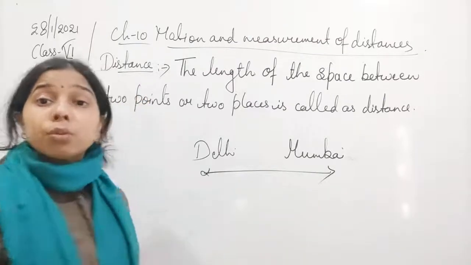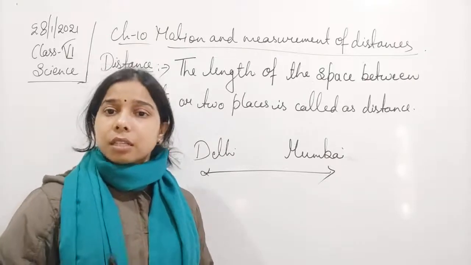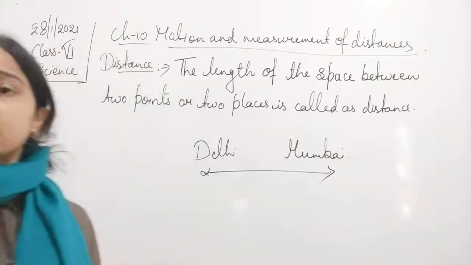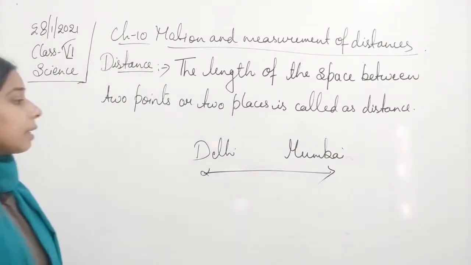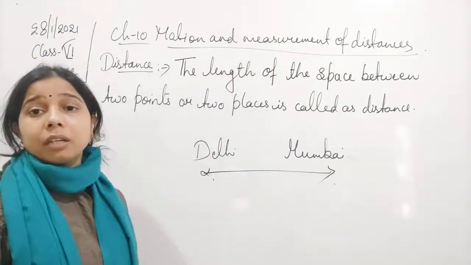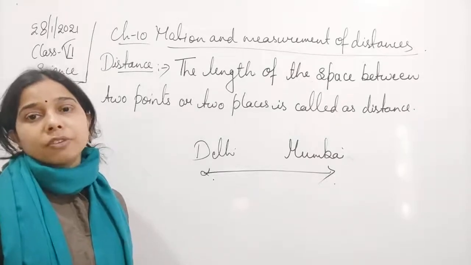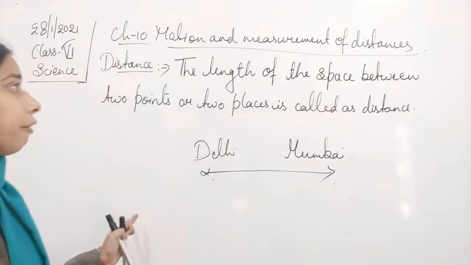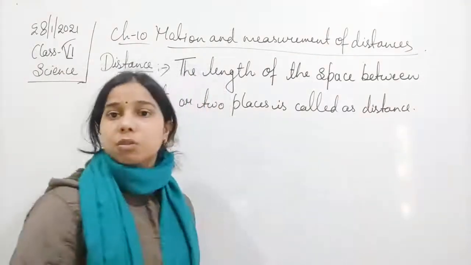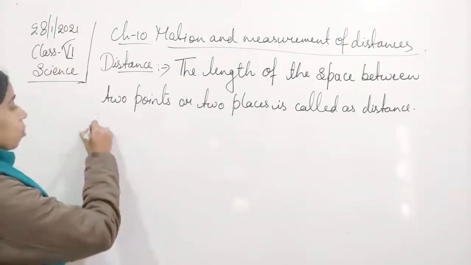Whenever we use the term that we are going from one place to another, we always say that the distance between the two points is this. It means the length between the two points is this. Whatever the two points may be, if the length between them is something, we will measure it with distance. So this is the definition of distance, that is, the length of the space between two places is called distance.